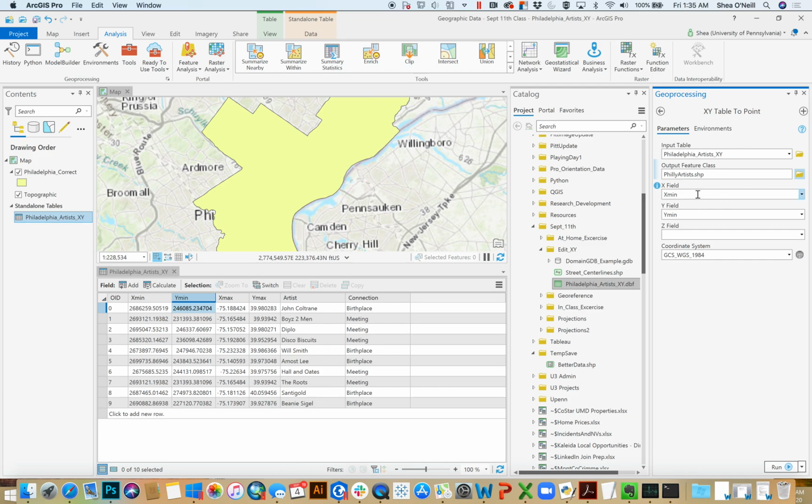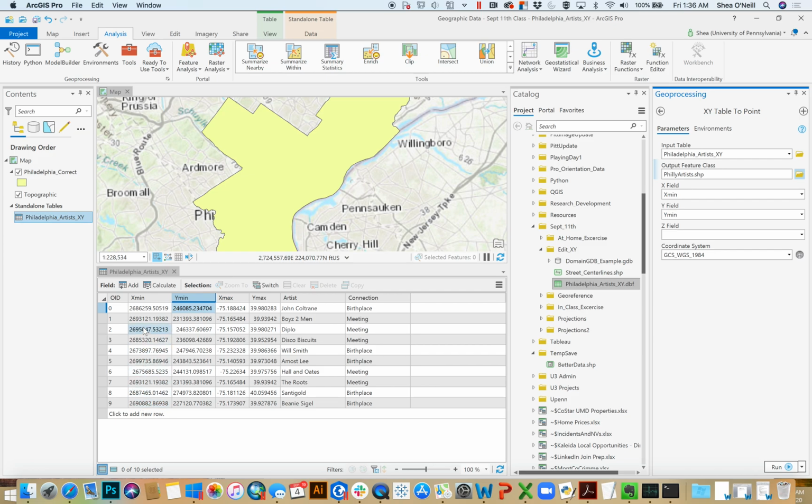And this is the most critical part of this entire exercise. Now, if I were to just do this now, it would fail. And here is why. It's asking me what the x-coordinate is. And I'm saying it's x-min and y-min. That's perfectly fine. But I'm telling it your x-coordinates are in feet, right?